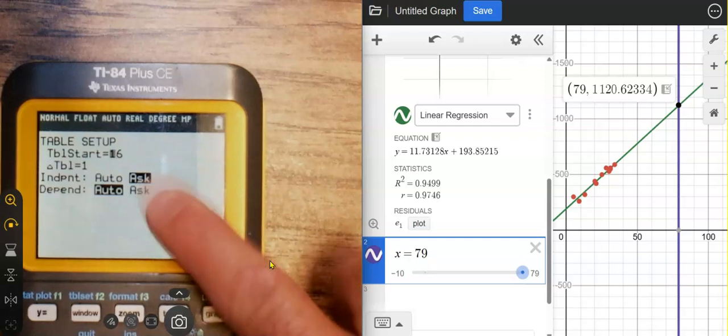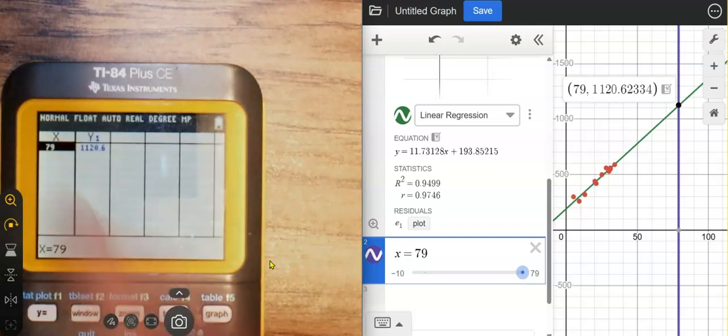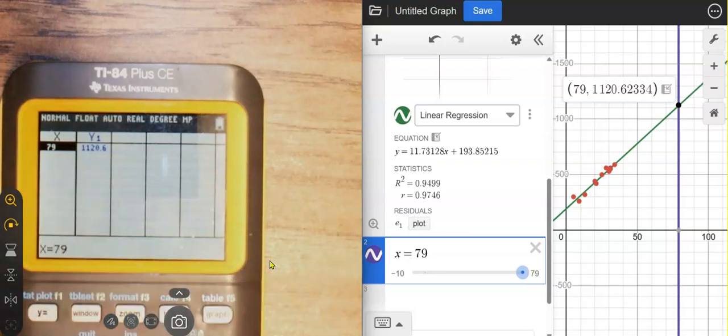Once I had that set to ask, then I can go to the table itself, and I literally can type in 79 and it will tell me 1120.6. So that's a tie. I don't know. I still like this much better, but the table is kind of a useful feature.